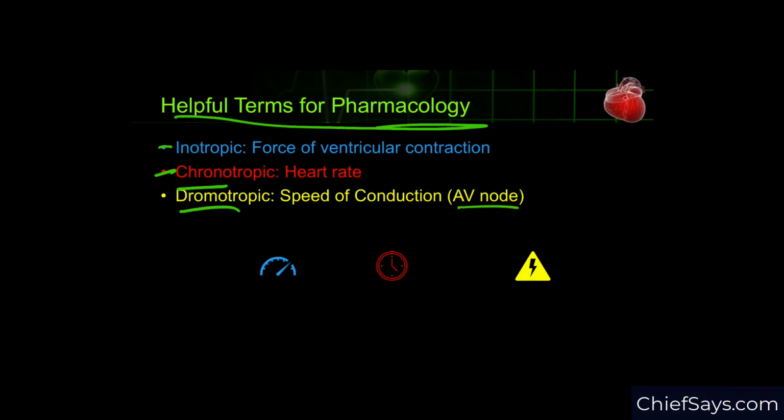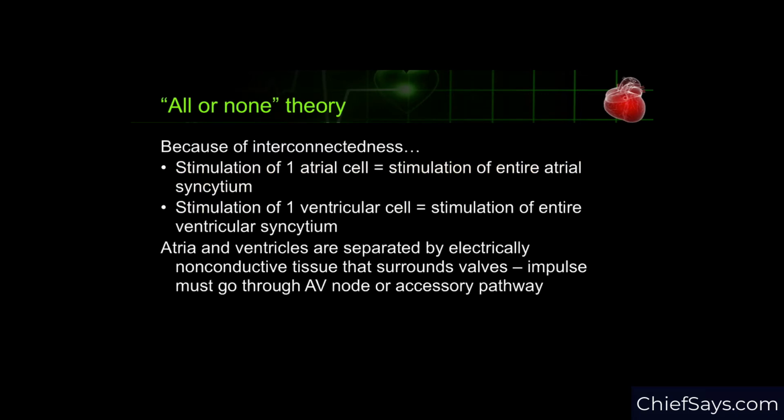So to memorize these, if you can memorize dromotropic as DC, right, like AC-DC current, it's conducting electricity. Dromotropic DC, it's conducting electricity, so it's talking about the speed of conduction. Chronotropic is purely talking about chronos, or time. And so it's how many beats happen in a time gives you memorization of the heart rate.